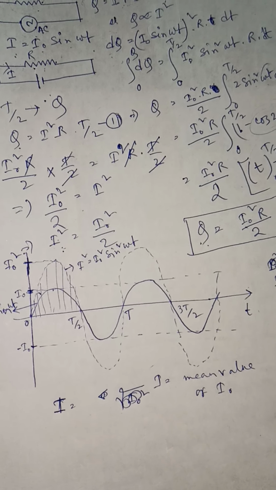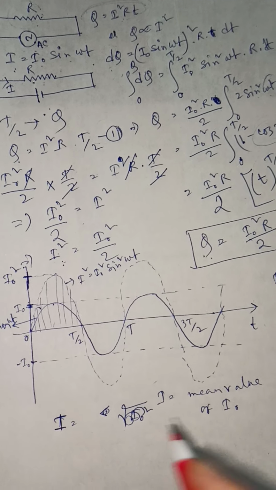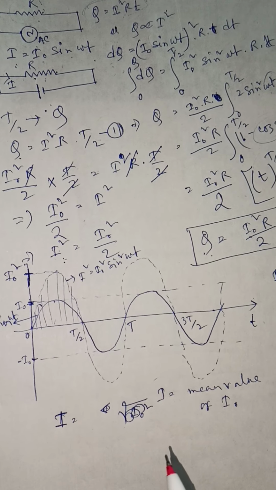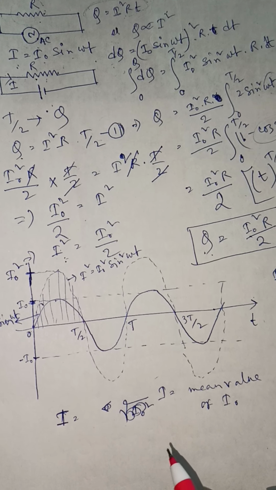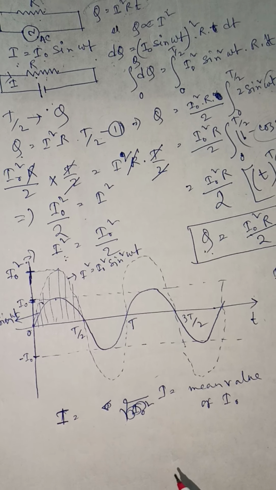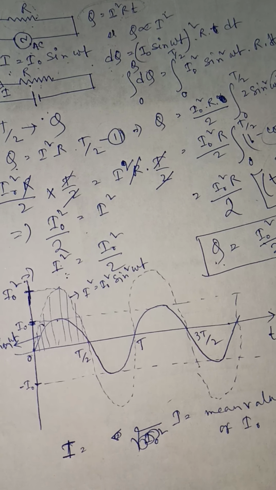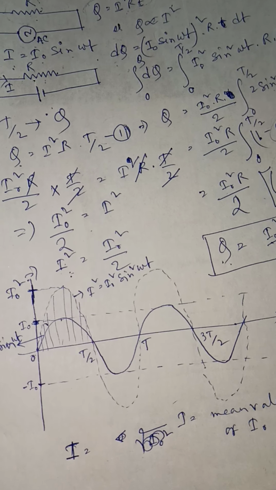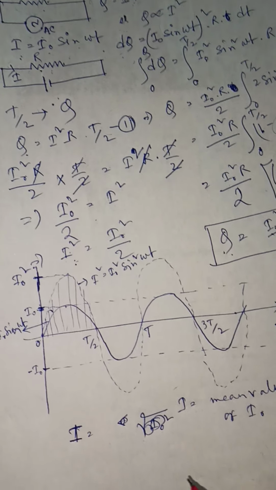So that means I represents the root mean square value of AC.